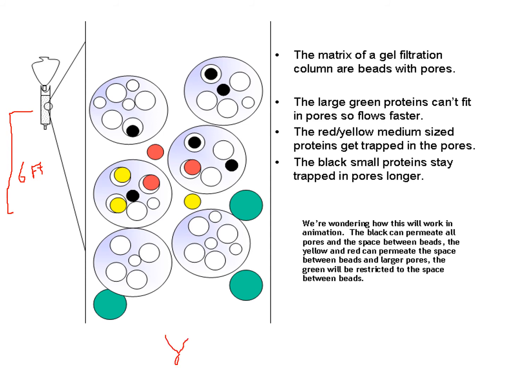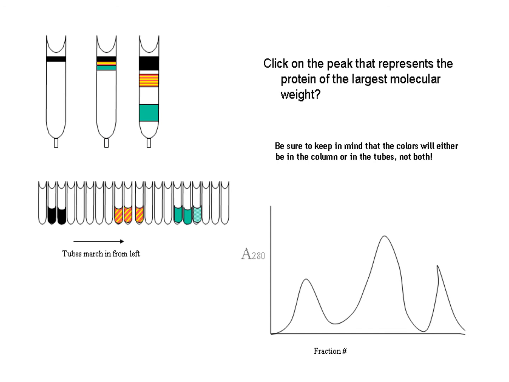There's liquid coming through, you're collecting with tubes, and you're then figuring out by Bradford or absorbance at 280 what fractions have what proteins. And here they are, this concept here. So here's the blue from the previous thing, and you see the black proteins are hanging up in here because they're the smallest, and here's the medium.